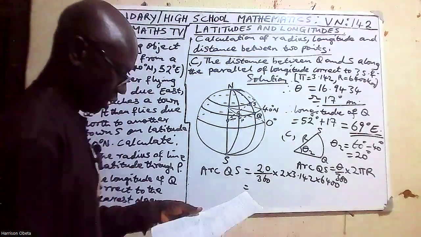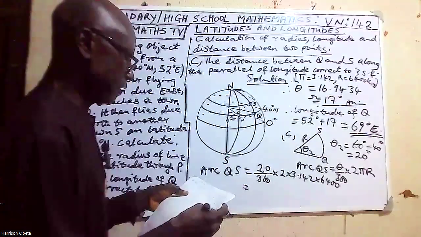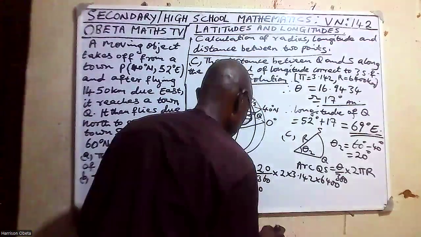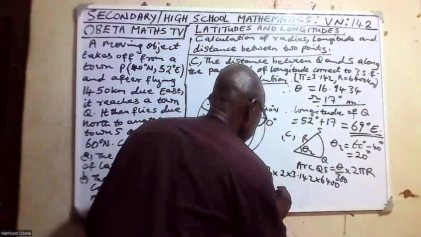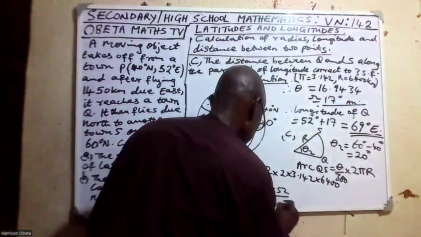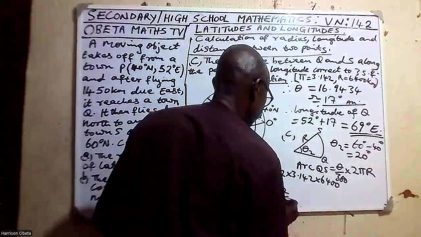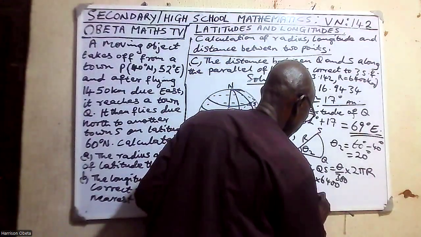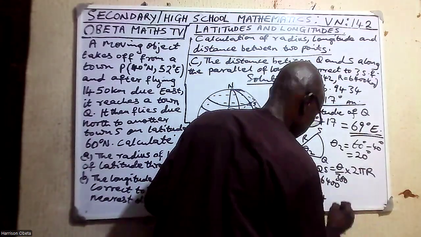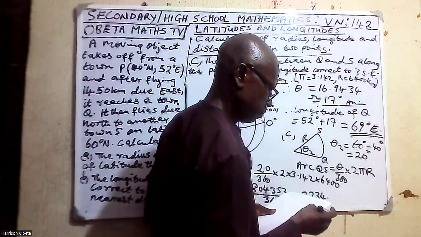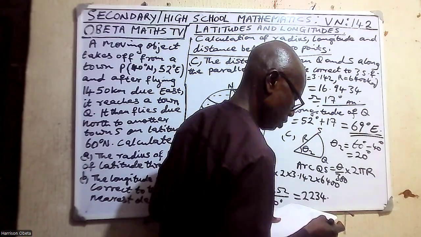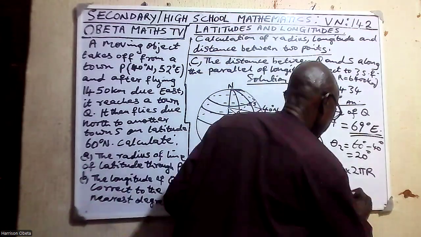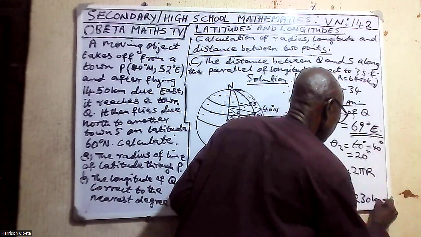If we calculate, that will give us 803,804.352 all over 360, which gives 2234.3, approximately equal to 2230 kilometers.